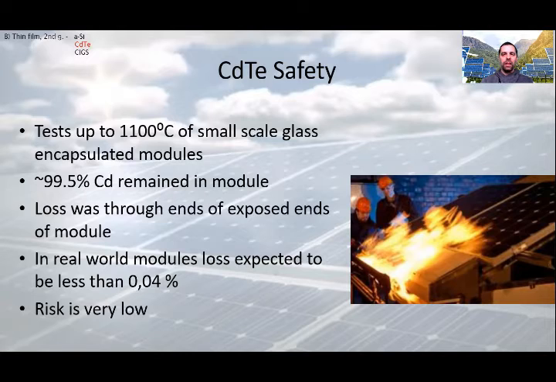It is proved that 99.5% of the cadmium remained in the module. The minimal loss was through the exposed end of the module. In the real world, module loss is expected to be less than 0.04%. So the overall risk is very low.